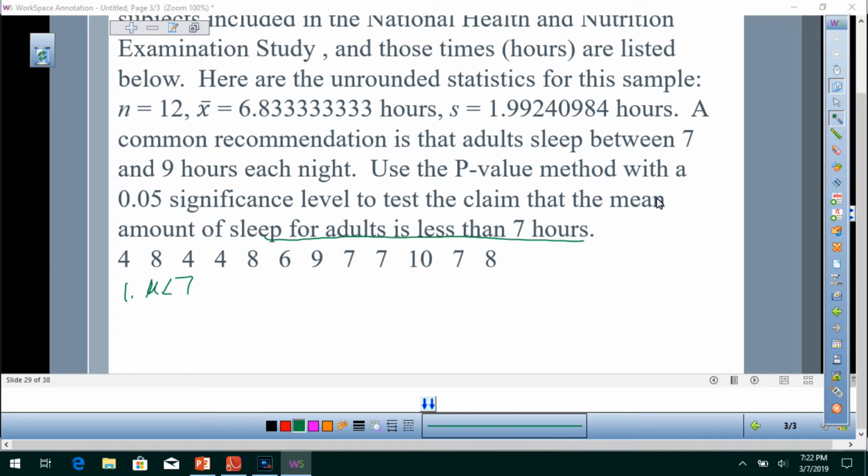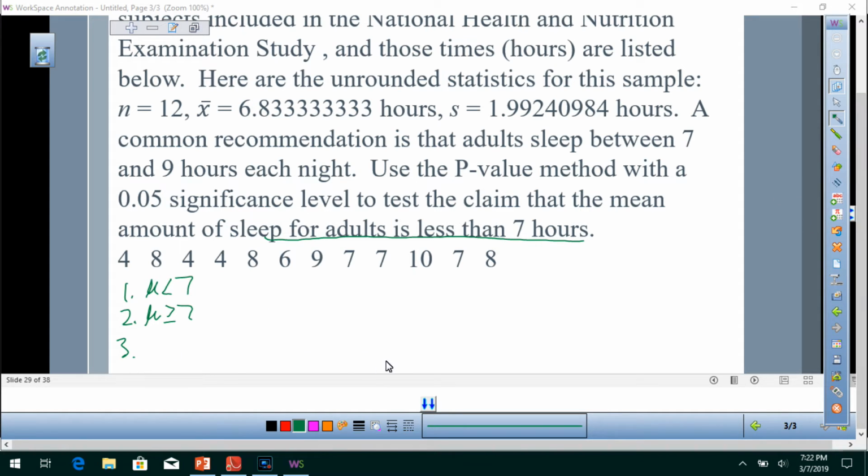All right, number one, mu is less than 7. Number two, mu is greater than or equal to 7, the opposite. And then 3, what are our test statistics?